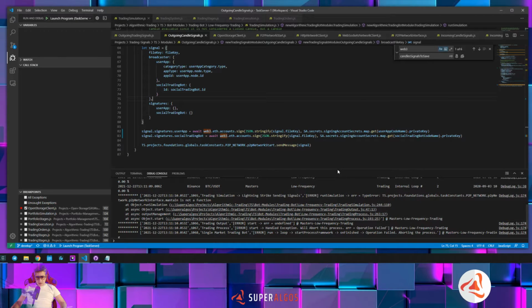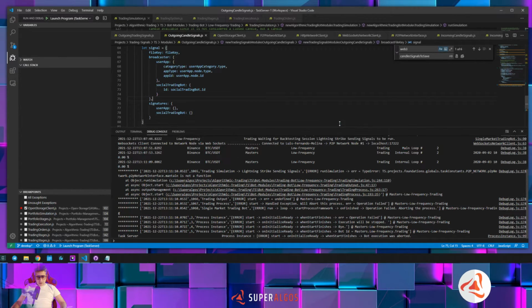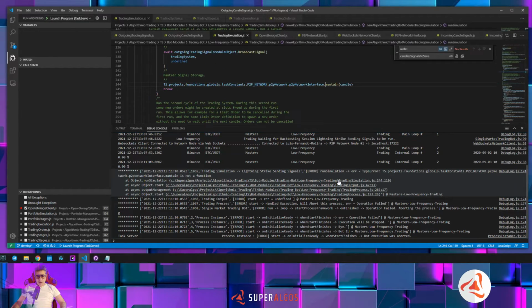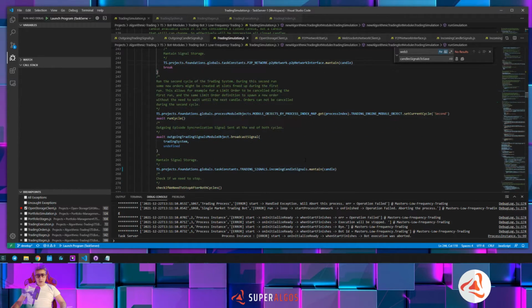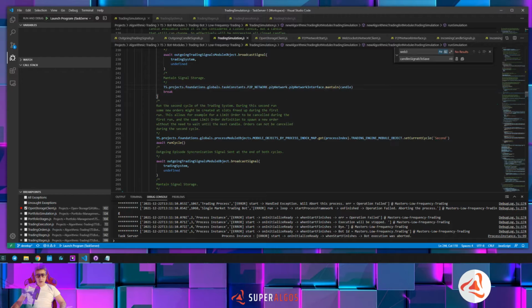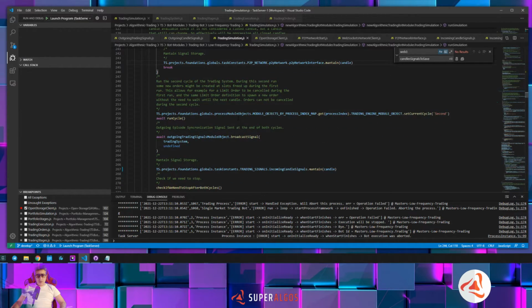But there's an error. I thought that we already solved this one. Peer-to-peer network interface maintain is not a function. Okay, we corrected here, but not there.